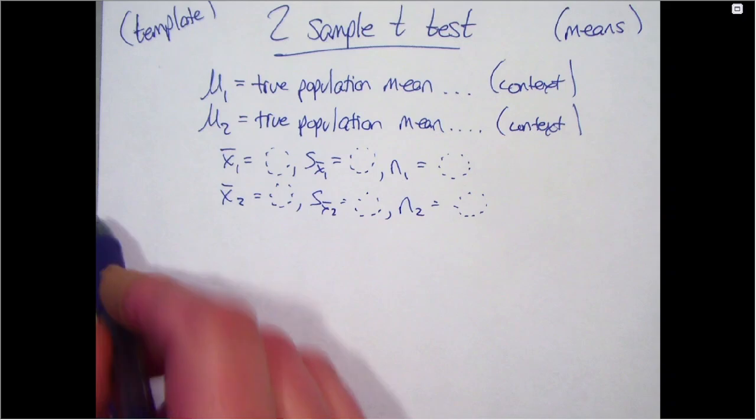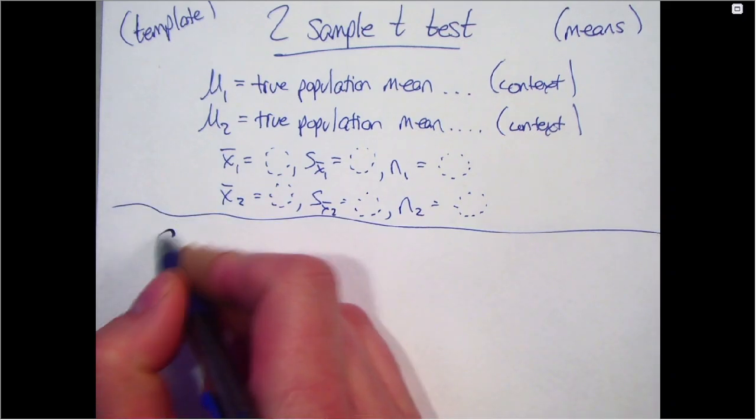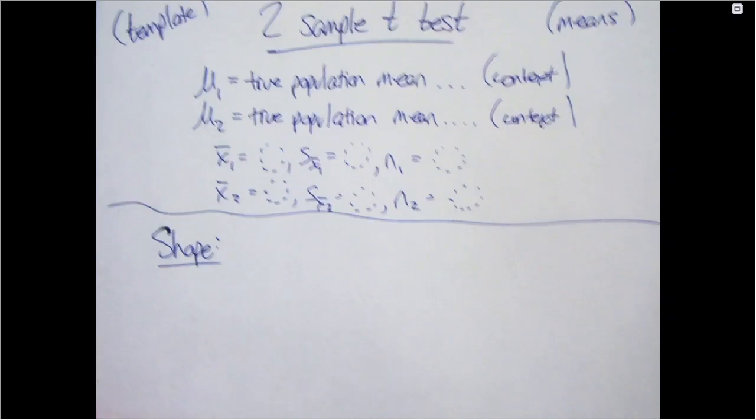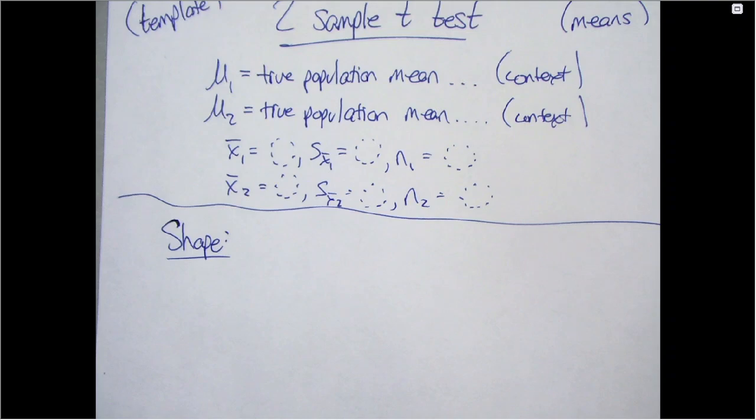And then I do my conditions, so shape, center, spread. Shape is kind of a long one because you have 3 possibilities.